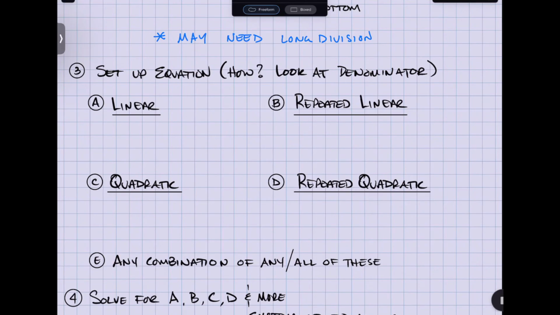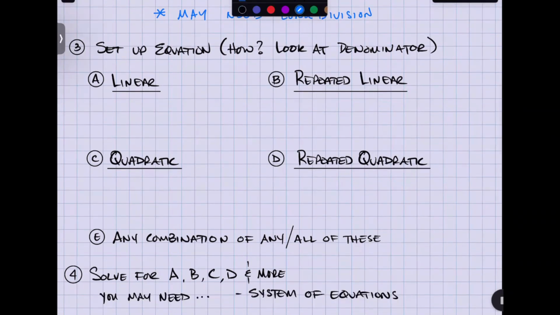So if the denominator was ax plus b, that's a linear, is that right? What's smaller than a linear?